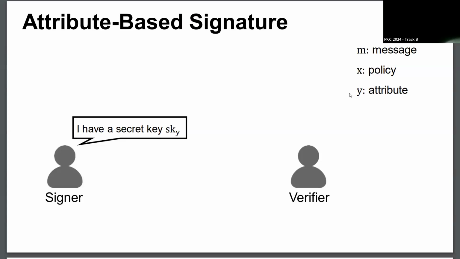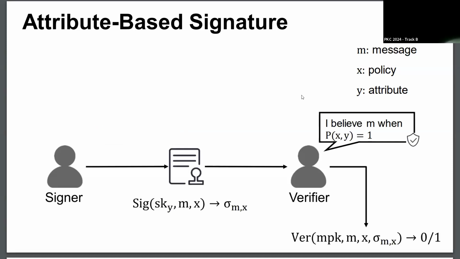Let's start from a well-known primitive, attribute-based signature. I'll call it ABS for short. In this system, there are two parties, signer and verifier. The signer has a secret key SK_Y associated with his attribute. This attribute could be the identity, address, or any other. He can use this secret key to generate a signature with respect to some message M and policy X and send it to the verifier.